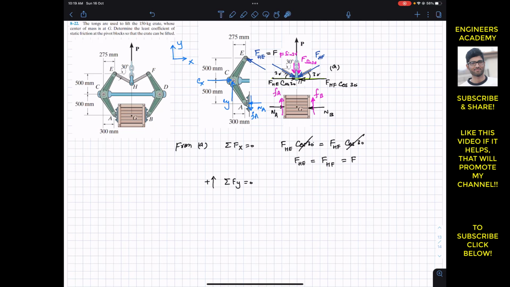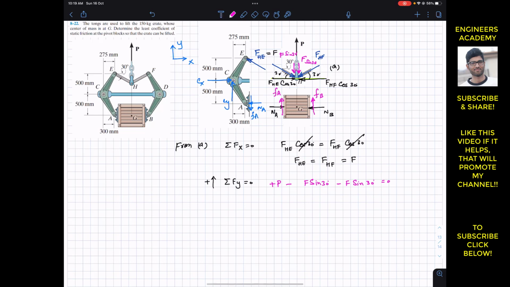So now the summation of forces along Y will be equal to, since this P force is acting in the upward direction, plus P minus 2F minus F sine of 30. Let me write it like this. This is F sine of 30. Since this component is acting in the downward direction, minus F sine of 30 and minus F sine of 30.